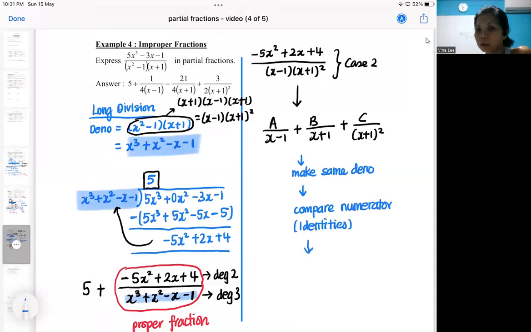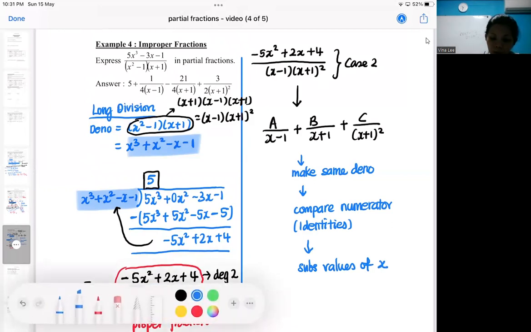So if you forget about case 2, go back to the case 2 video. So in under case 2, the identity is usually solved by substituting values of x. So you see whether eventually you follow the same idea, you will get the 3 fraction.